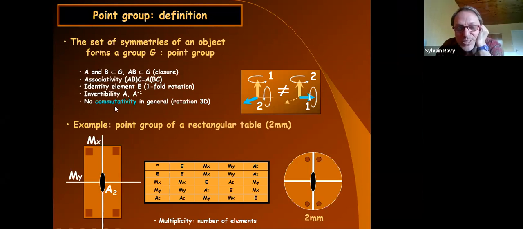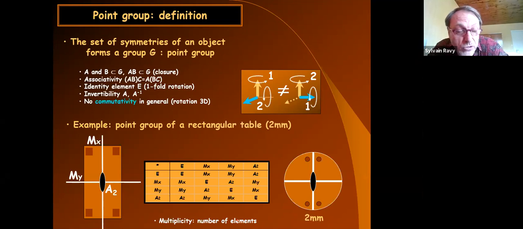Maybe something important to keep in mind is that in general, groups in 3D are not commutative because rotations don't commute. As you know, there is a small example here of 2 rotations, one vertical, one horizontal, which gives different possibilities at the end.